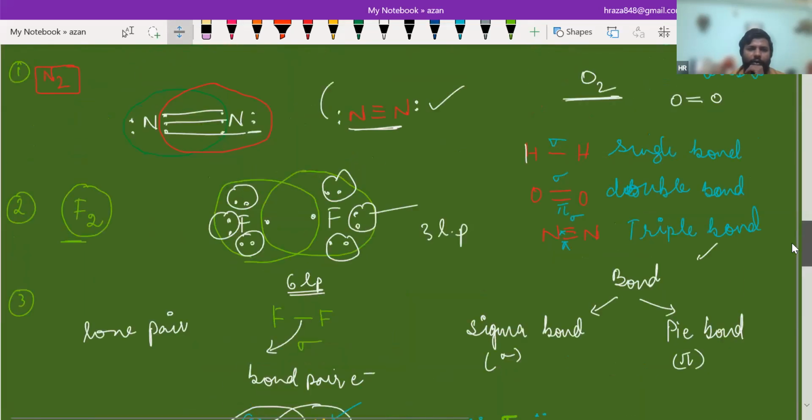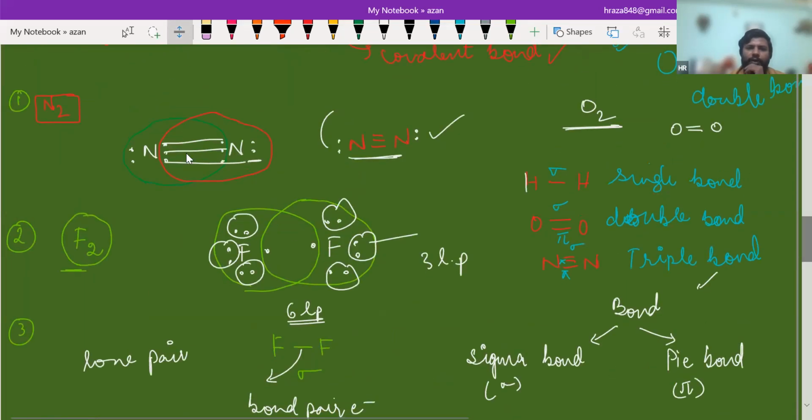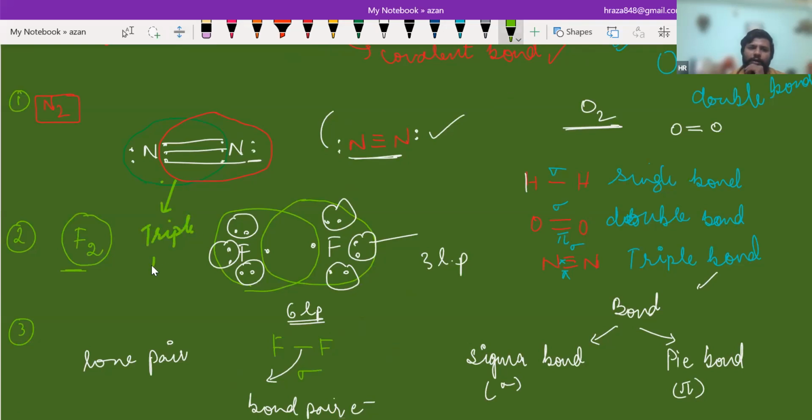And if you are going to draw the structure of nitrogen, you can see this is your triple bond that we have studied in the previous class. In it, one will be sigma and the other two will be pi bonds. Is that clear?